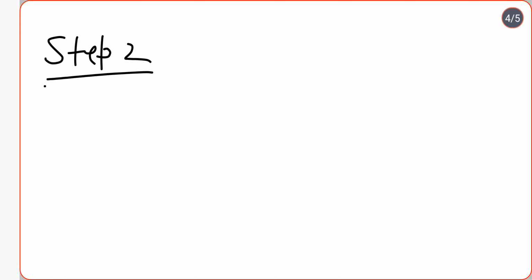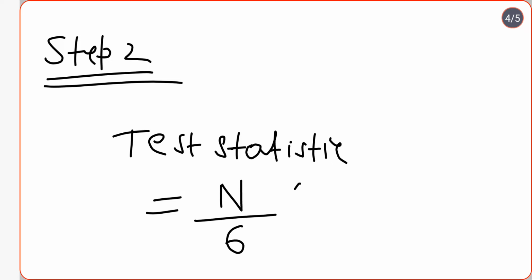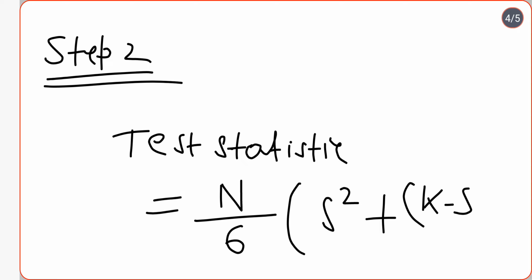Now what is the test statistic? In step 2, we have to calculate the value of the test statistic. The test statistic is n divided by 6, times the bracket of S squared plus (K minus 3) whole squared by 4.